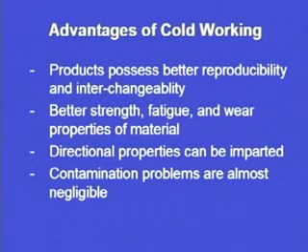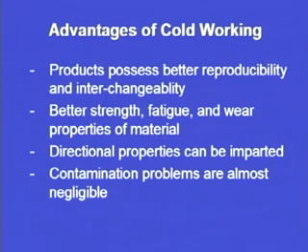Then the directional properties can be imparted. Directional properties basically means the property of anisotropy. Either the material will be isotropic or the material will be anisotropic. If we want certain properties in one particular direction, those properties can easily be imparted using cold working operations.